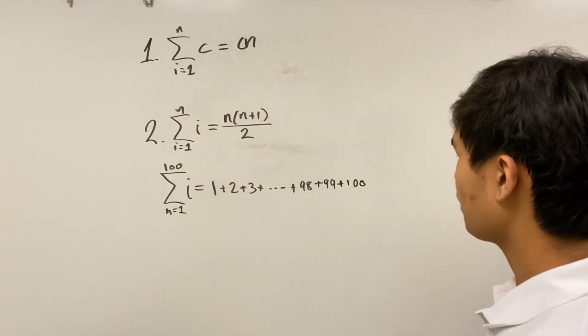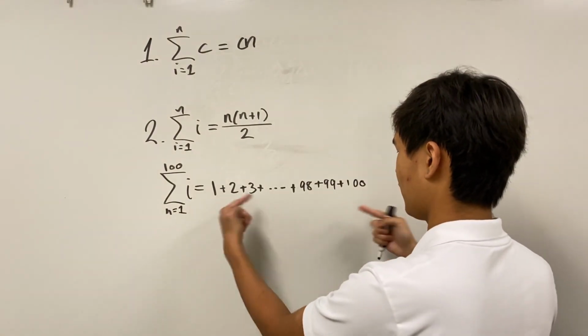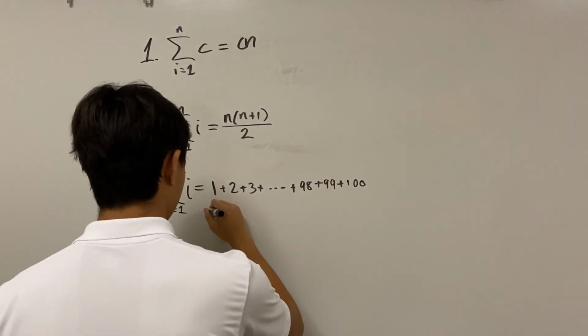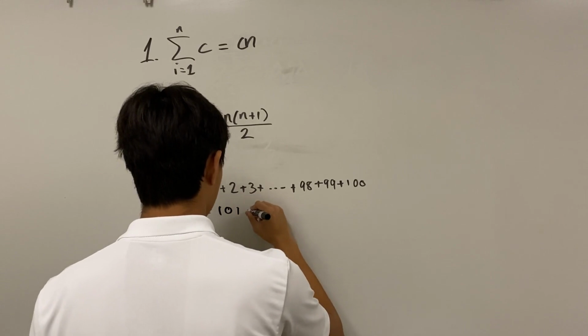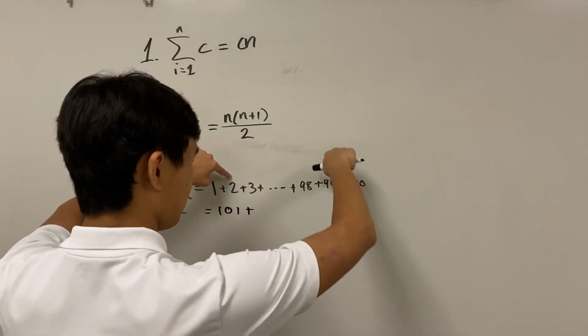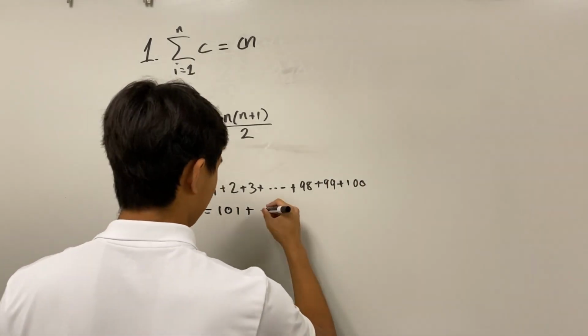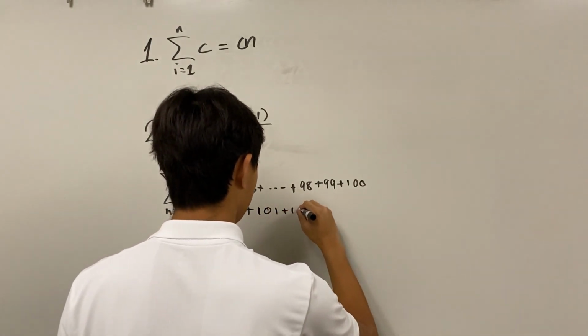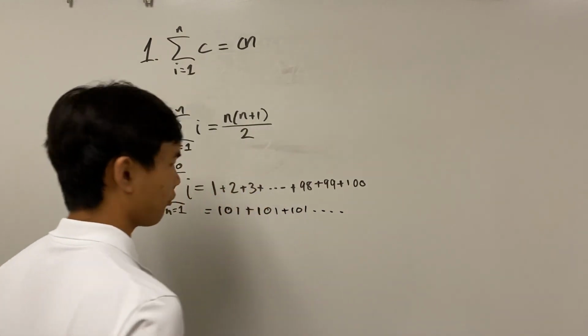So if you notice, if we work outside in, this plus this is 101. These two add to 101. These two add to 101, and so forth.